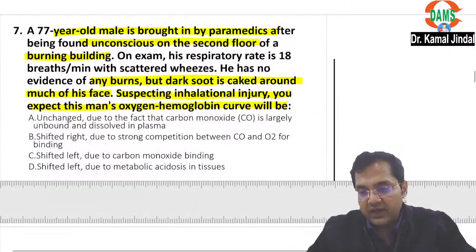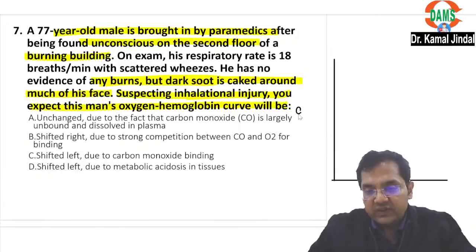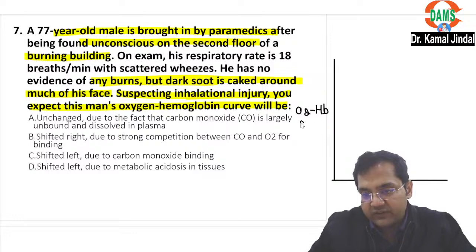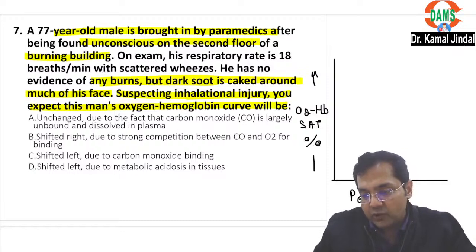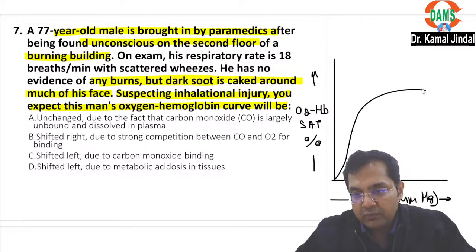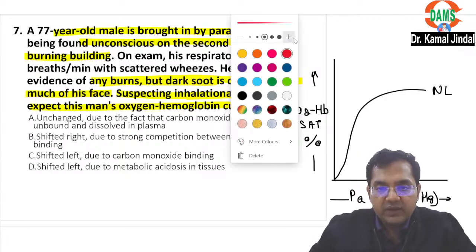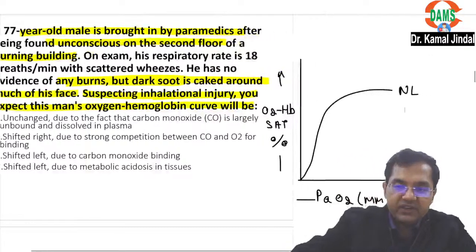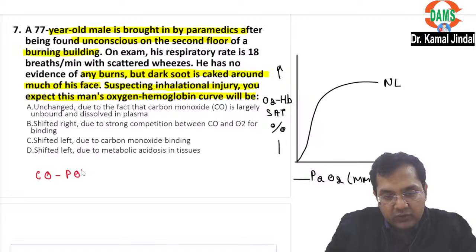Let's say I call this oxygen hemoglobin saturation in percentage, and I call this your arterial O2 in millimeters of mercury, right? Understand that we don't need any values here. The normal curve is sigmoid in shape. With carbon monoxide poisoning, two things happen. Let's understand that.